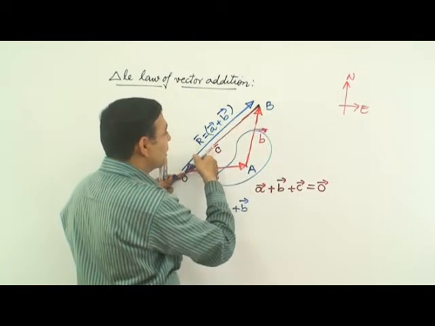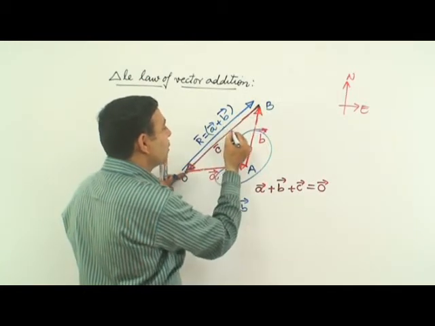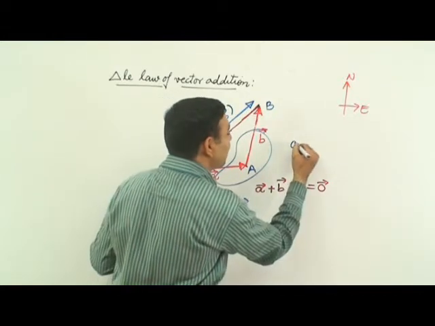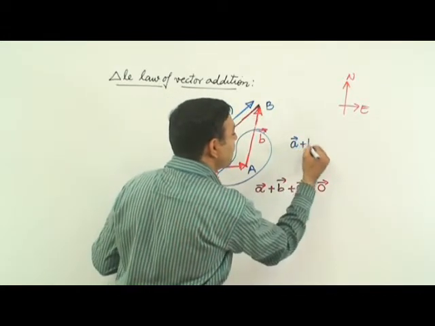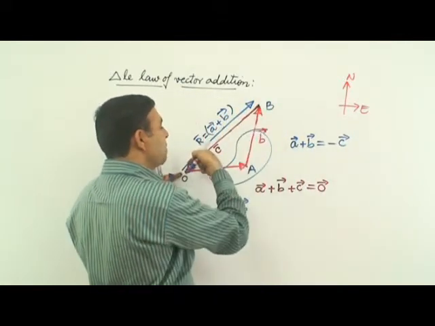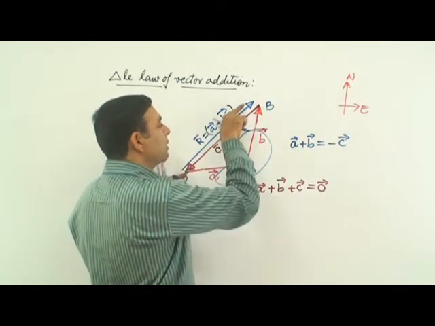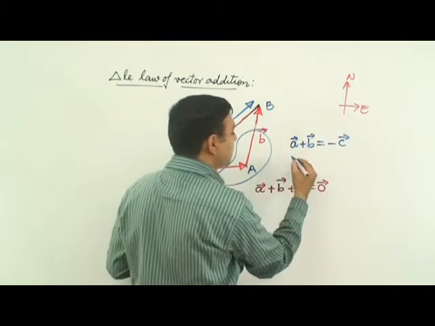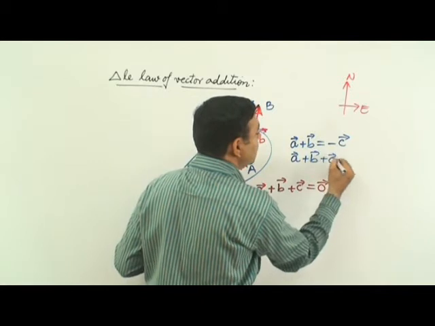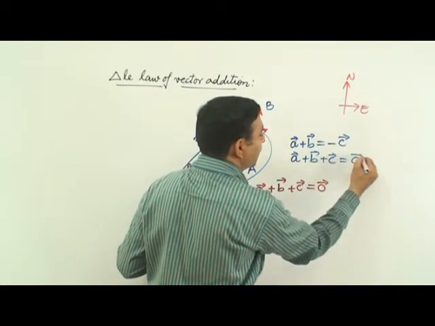You know very well two vectors of equal magnitude and opposite direction are called negative of each other. In fact, I can easily write A plus B is minus C. C is this, so this would be minus C. So A plus B plus C is going to be 0. When it comes to this side, it becomes plus and you get a null vector, right?